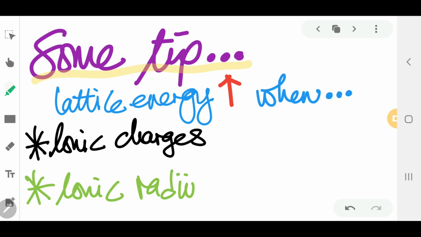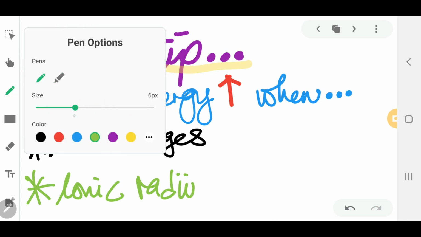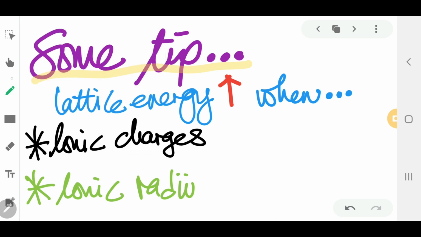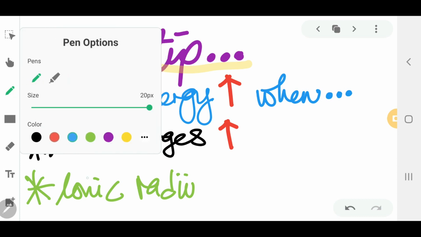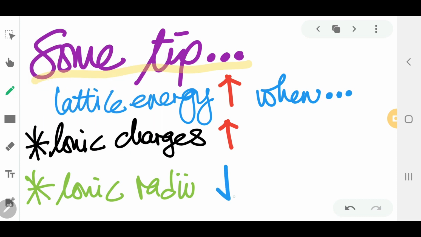Some tip: when you want the lattice energy to be increased, that will happen when you have bigger ionic charges. So the bigger the ionic charges, the lattice energy will become stronger. And you need to have the ionic radius to be smaller.